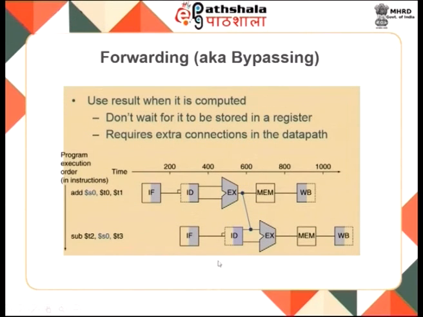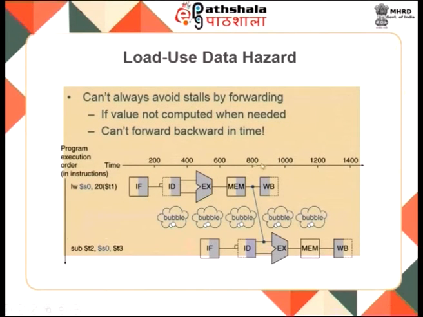Now, with forwarding, you know that from the execute memory buffer, you can forward the data to the input of the ALU, and you can go ahead with the execution of the second instruction without introducing any stalls. The same thing is shown for a load-use data hazard, a load and a dependent arithmetic instruction. For the load instruction, the data becomes available only here.